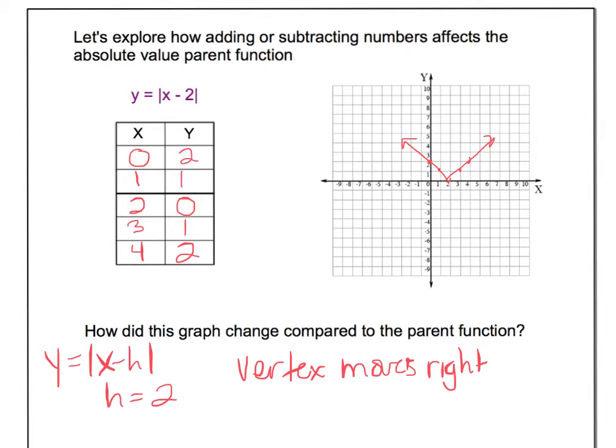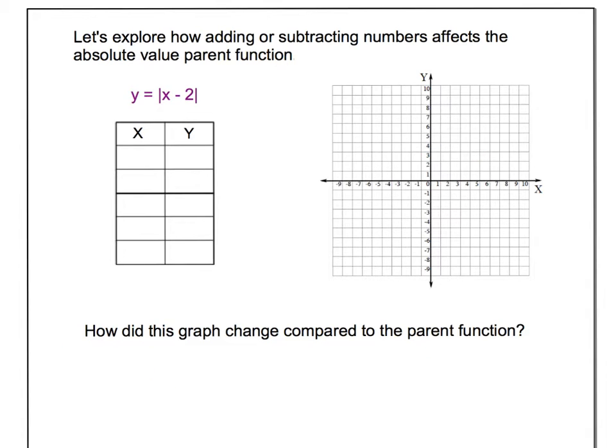Hopefully you can start to see that maybe you won't need to make tables for all of these, and that is the ultimate goal. You need to see what these numbers and where they're located does to your absolute value graph.